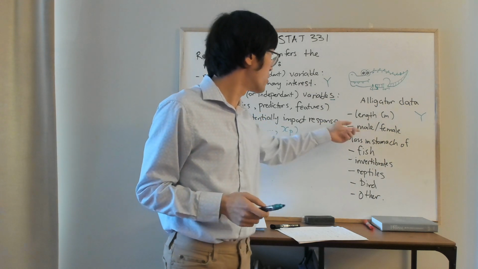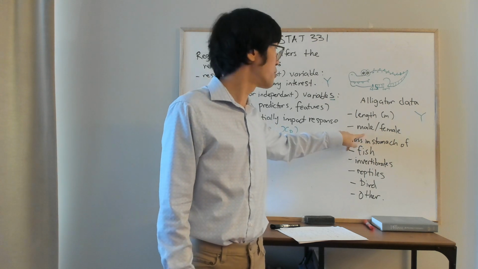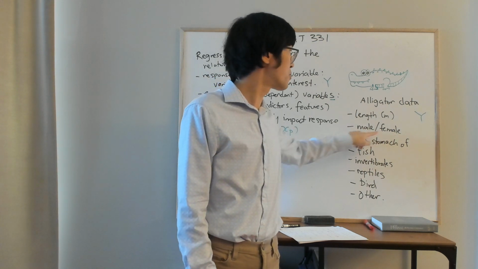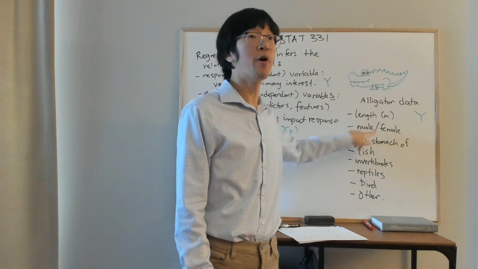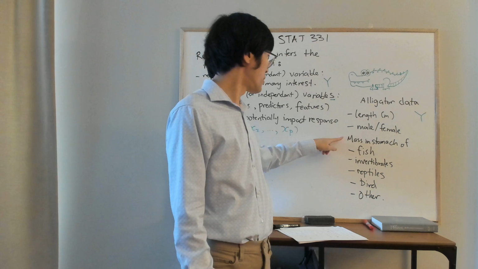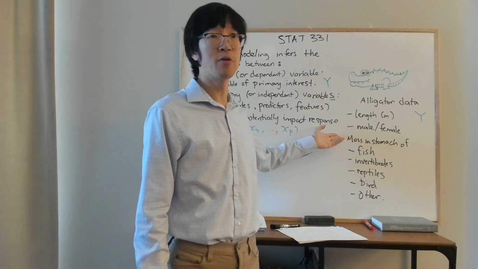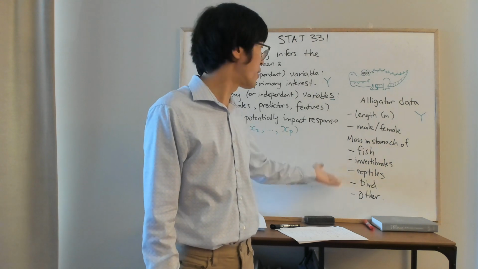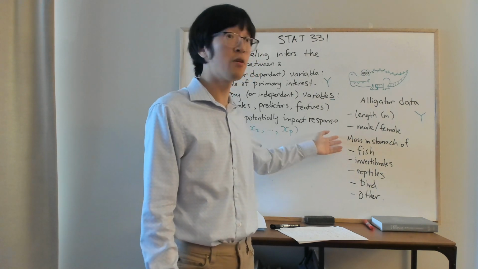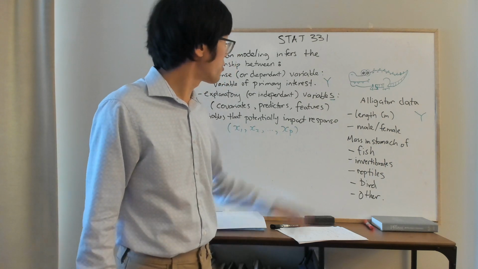As you notice, the predictors can sometimes be categorical, in this case male and female. So we could label one of these 1 and the other 0, as we'll later learn. This is an example of a categorical variable. And then we have 5 other variables, which is how much of each food item they found in their stomach. These we can consider to be continuous variables. For now, let's just label them.